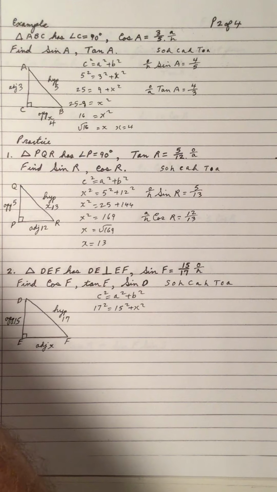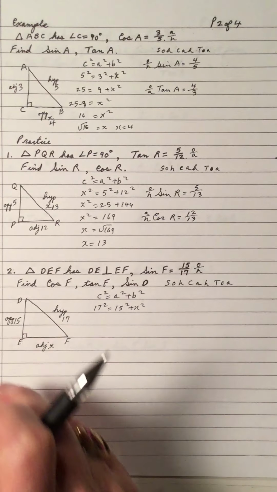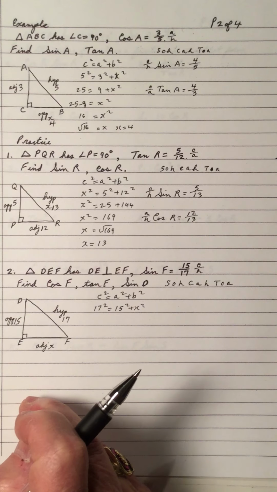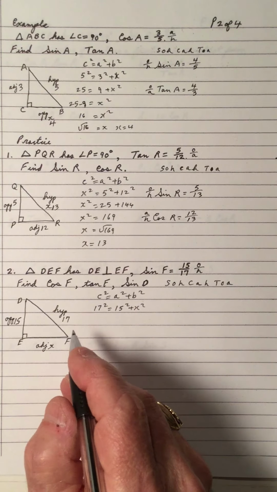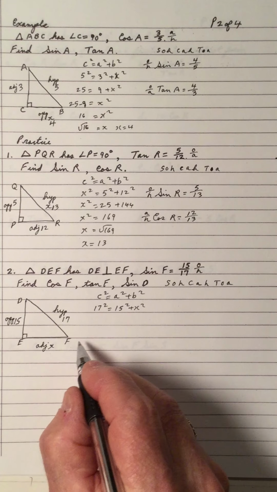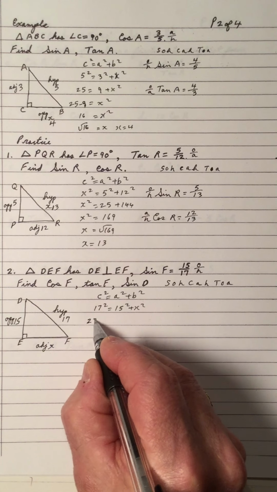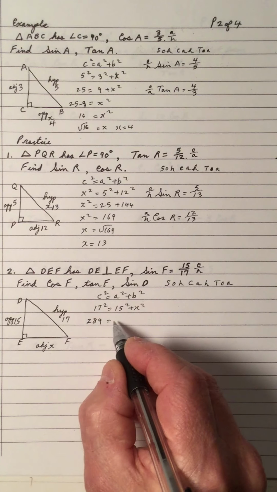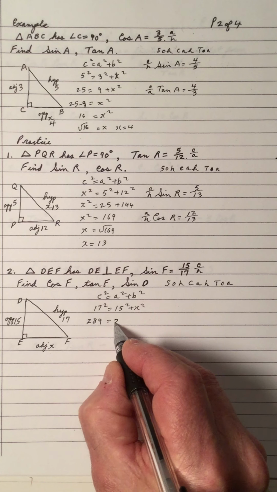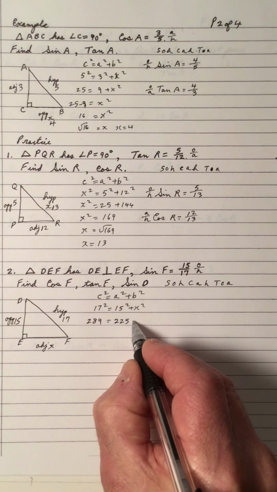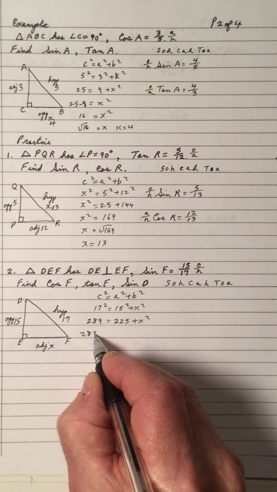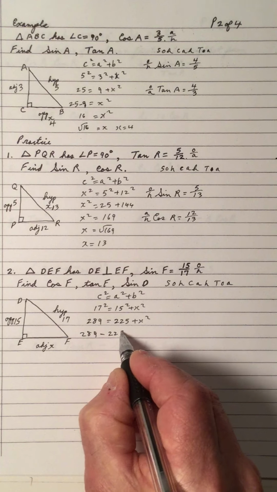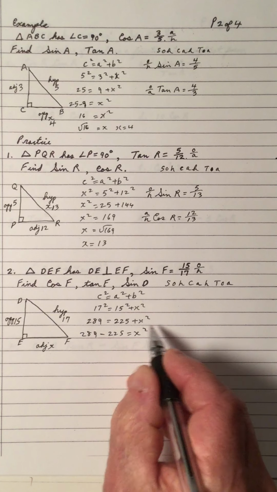So what is 17 squared? I work it out on my calculator. 17 squared is 289. 15 squared is 225 plus x squared. So 289 subtract 225 equals x squared.